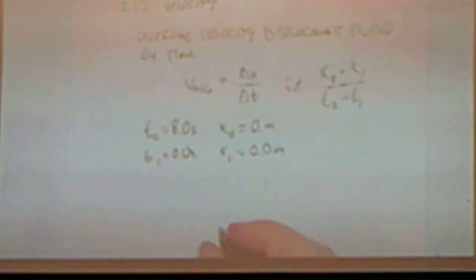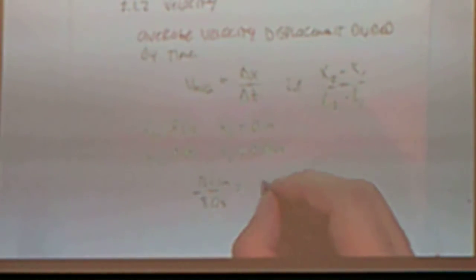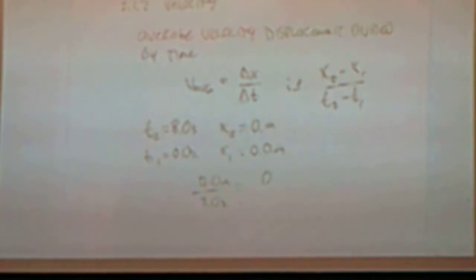In that case, the total average velocity will be pretty easy to calculate. It's going to be 0 divided by 8. We're going to get an answer that's 0 meters per second. How many significant figures should it have? Well, it can only have one. All right, well, that's an easy case.